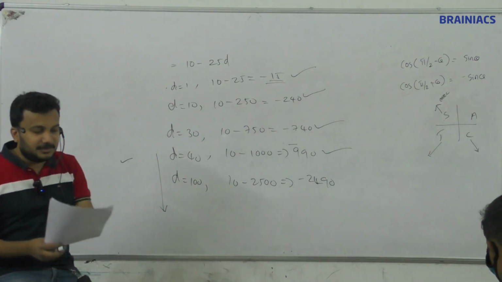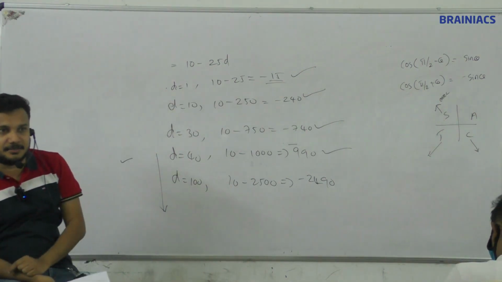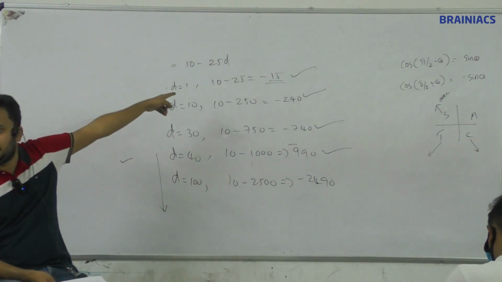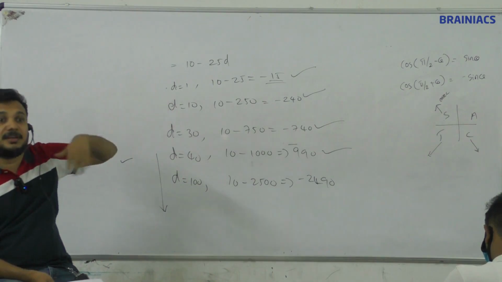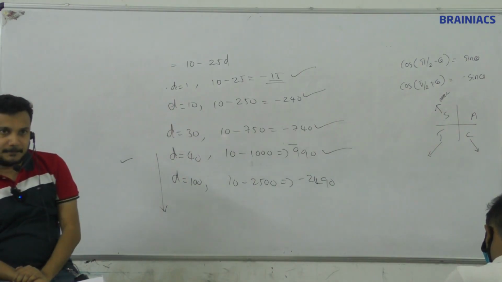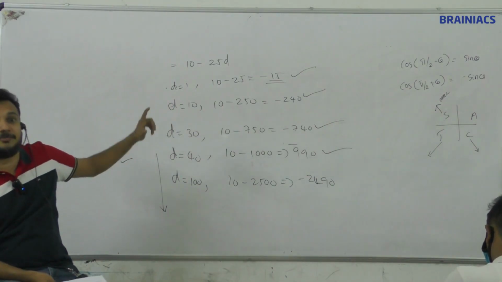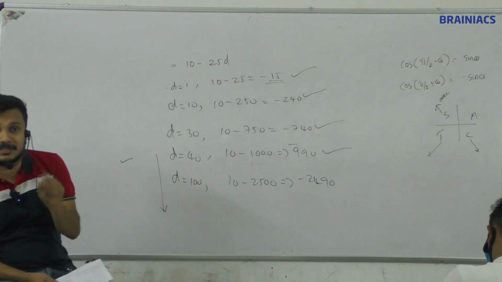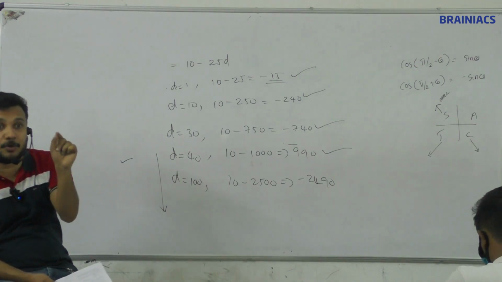So it should not come. Less than 10 centimeter, if you take 0 for example, 0 is not positive. So greater than 0.4, greater than 40 centimeter means greater than 0.4 meter.